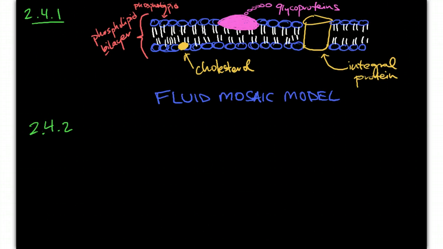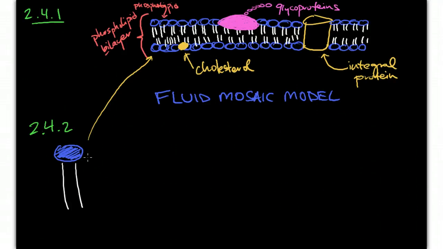And that's going to be 2.4.2. So I'm just going to draw this a little bit larger. We've got our phospholipid head, and we've got our phospholipid tails. This is one of those.